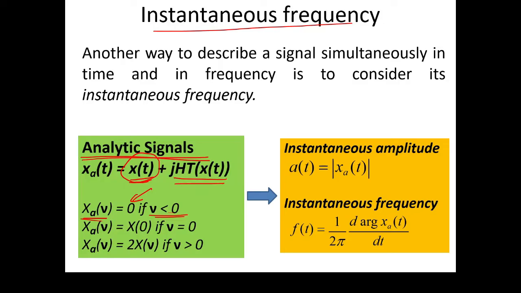When we talked about any signal, we said they are composed of frequencies from minus infinity to plus infinity. But analytic signals are the signals where the frequencies less than zero are completely shut down to 0. Why? We will come to that a bit later. Using these analytic signals we get the instantaneous amplitude and instantaneous frequency.